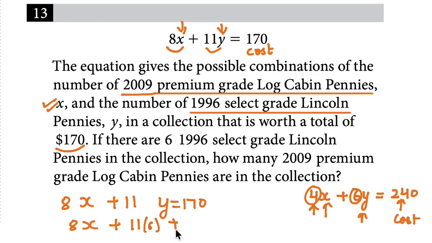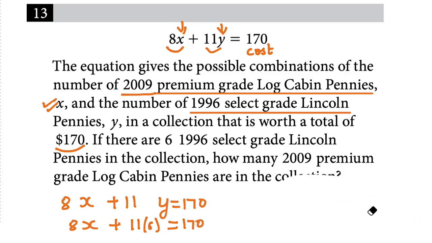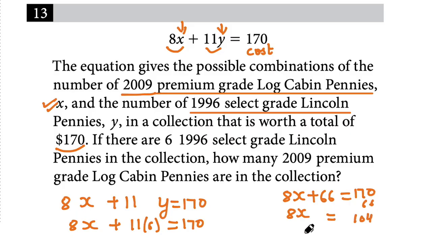Okay, let's simplify this a little bit. So 8x plus 66 is equal to 170. Subtracting 66 on both sides, this is 104. 8x is equal to this. Dividing by 8 on both sides, 13. So x is 13, right?